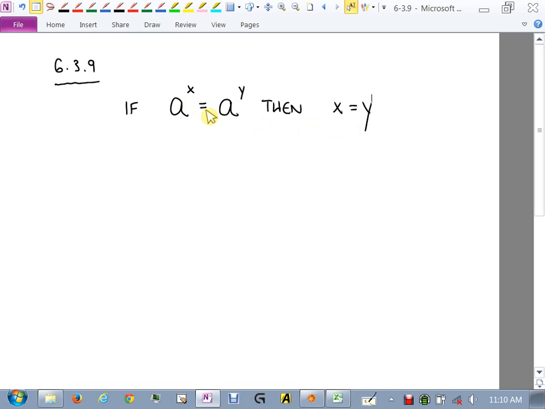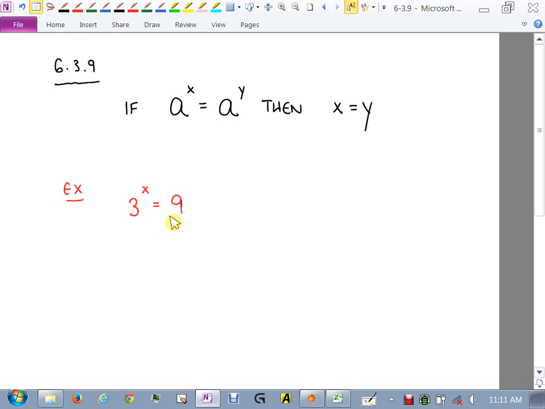So anytime you have an equation with a left side and right side that have the same base, if these are going to be equal, that means whatever's in the exponent has to be equal. Now let me illustrate this property with an example. We just did this one. 3 to the x equals 9. And we all said the answer was 2, and no one disagreed with me, right?